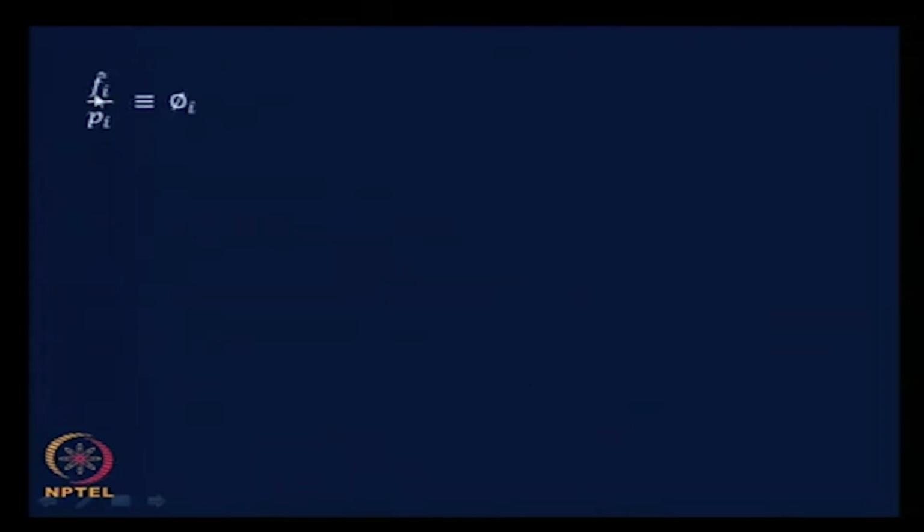And Fi hat by Pi was defined as the fugacity coefficient Phi i of the component in the solution, as distinct from the fugacity coefficient of a pure component, which was defined as F by total pressure P.